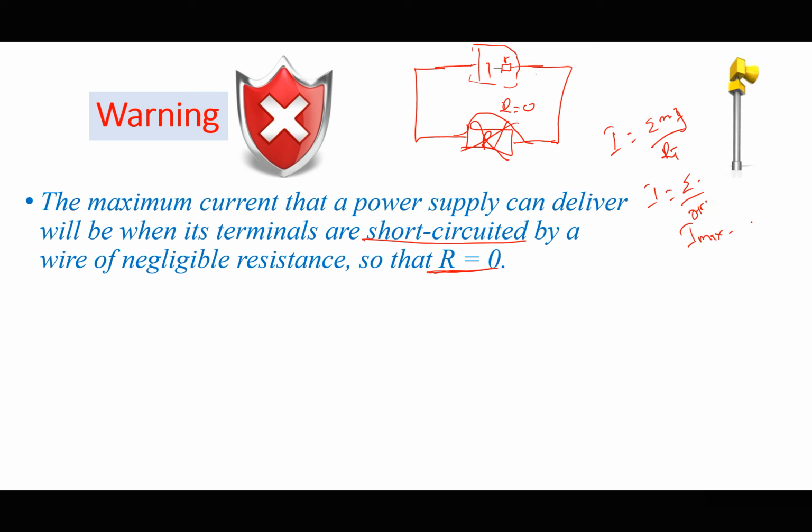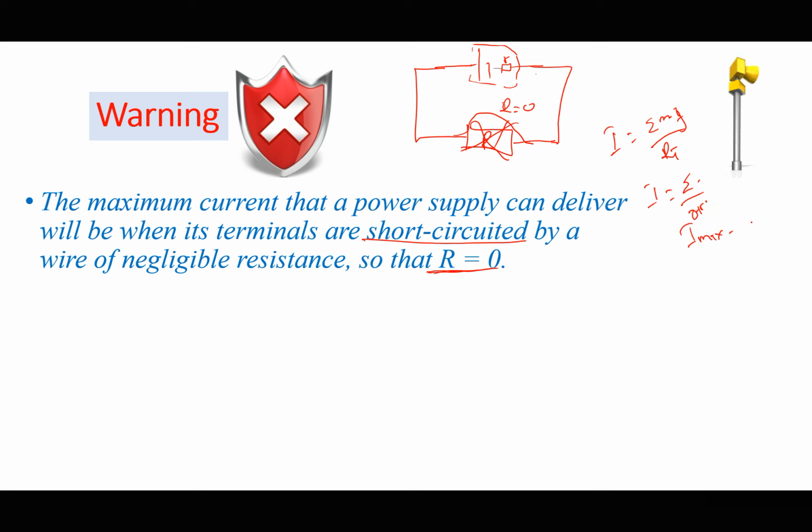The terminal PD is 0, which means the EMF of the battery is the same as the lost volts. This rapidly heats up the battery, which may end up causing the battery to explode. This is very dangerous, and this experiment should not be tried out as the wire gets very hot. There is a danger of the battery exploding.